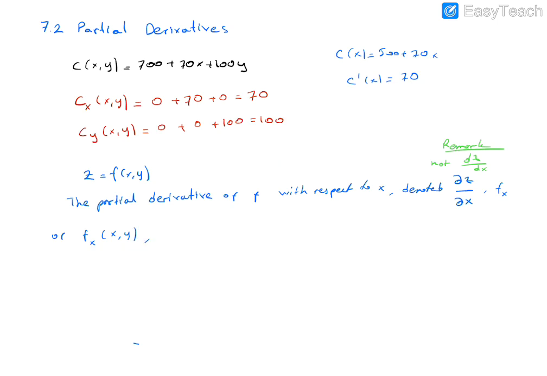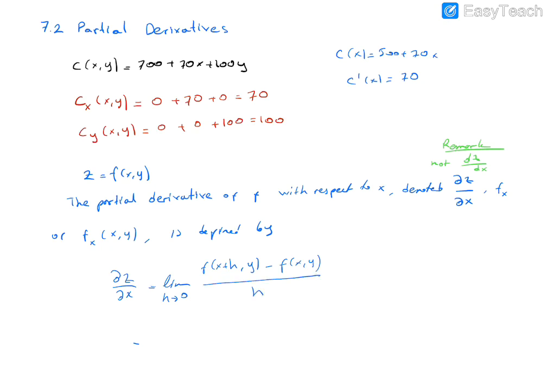And the partial derivative is defined by the following limit. So partial z over partial x equals the limit as h goes to 0 of f of x plus h, y, minus f of x, y, over h. So you are familiar with this notation.